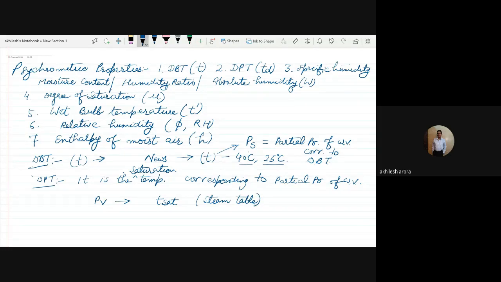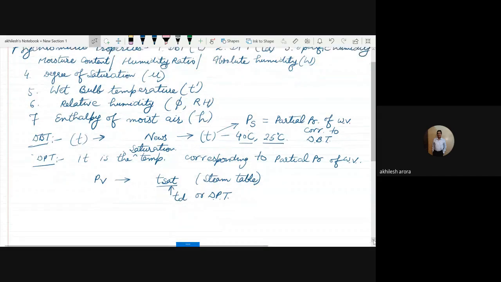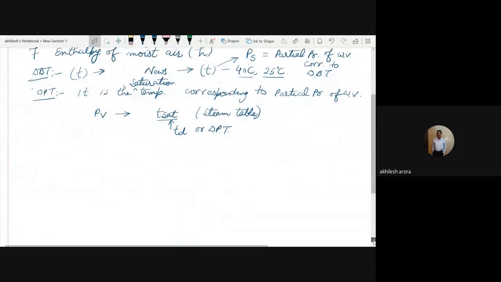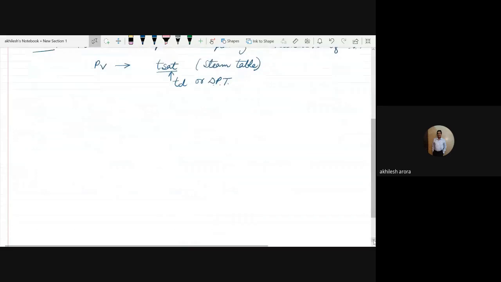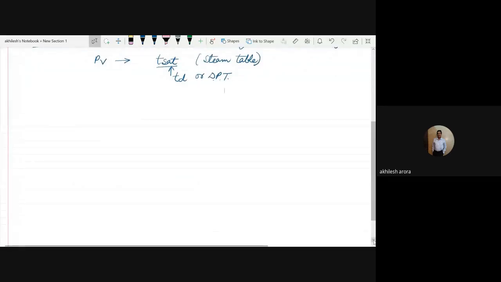This T saturation is nothing but TD, or dew point temperature. I hope this is clear to you.